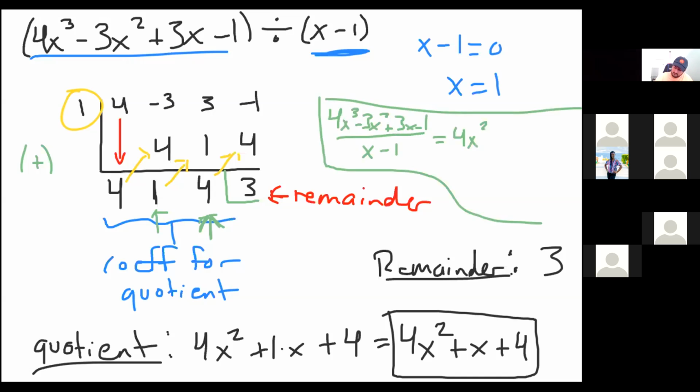So 4x squared plus x plus 4. And then I need to add to it 3, my remainder, divided by what I was dividing. Okay. So that is the correct equation for the entire division. So if you did that, you're still correct. I just, again, what I was trying to get y'all to pick up on was I just wanted you to answer what the quotient was in this answer.